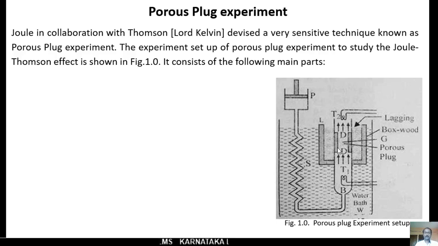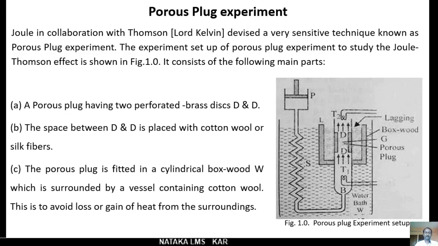Here it consists of a porous plug having two perforated brass discs D and D shown here. The space between D and D is filled with cotton wool or silk fibers.